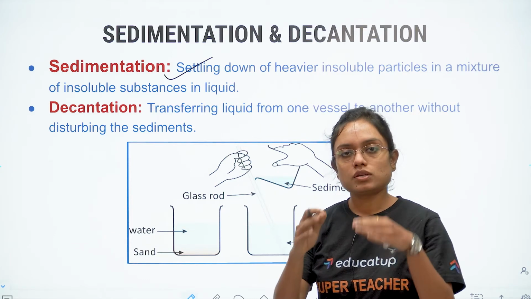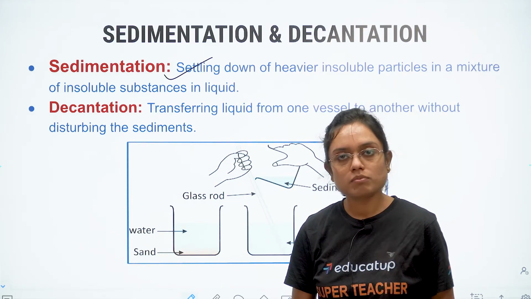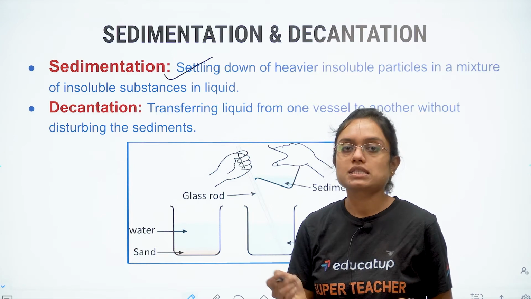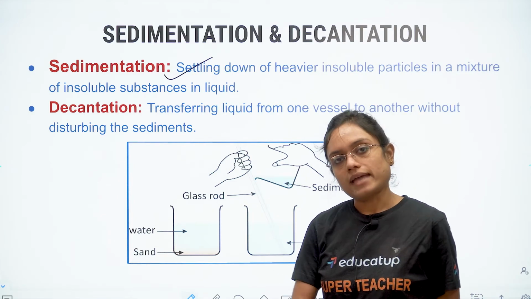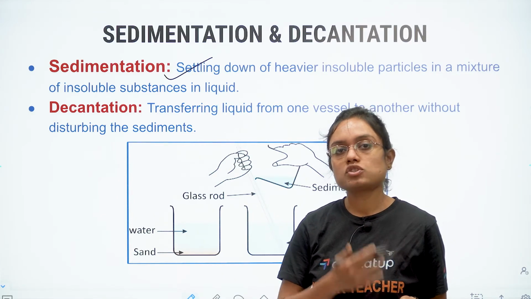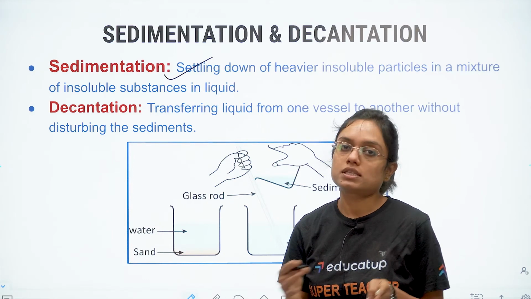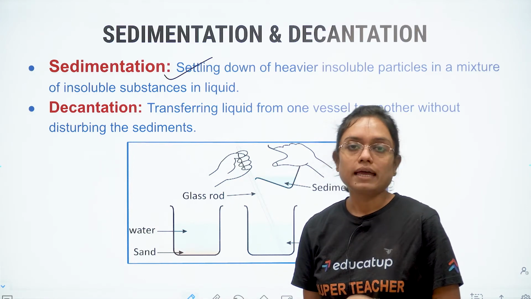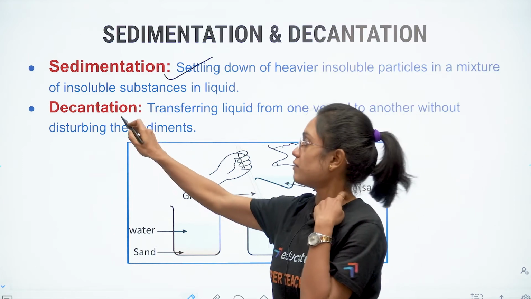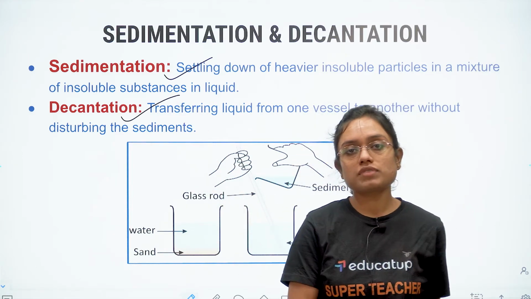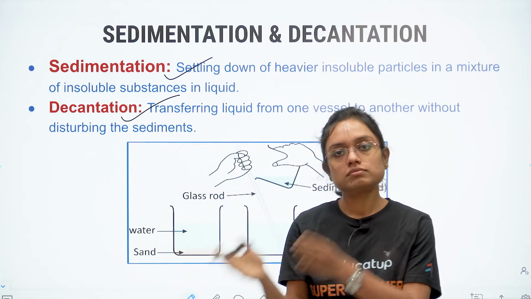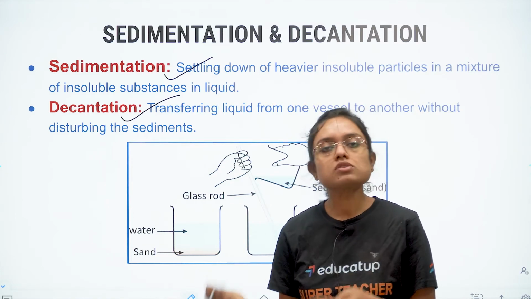That means the useful component is settling down at the bottom and the unwanted substances are floating on the surface of the water. And then you throw away the water with which the dust particles and other unwanted substances are removed. The next is decantation, which I have told you just now. That is transferring that liquid from that vessel to another vessel, or just throwing it away.